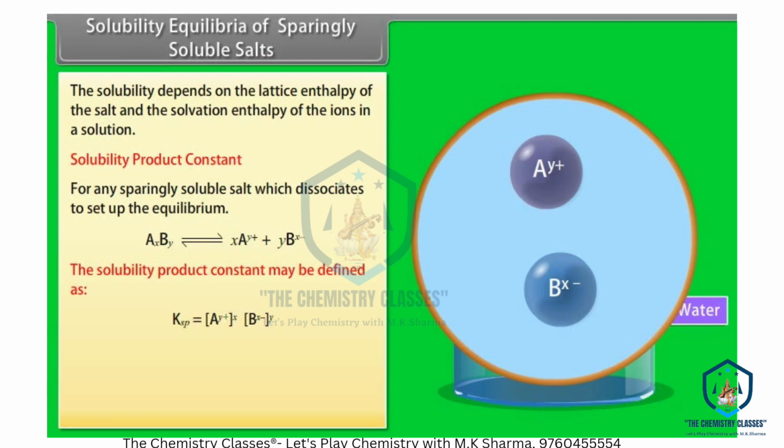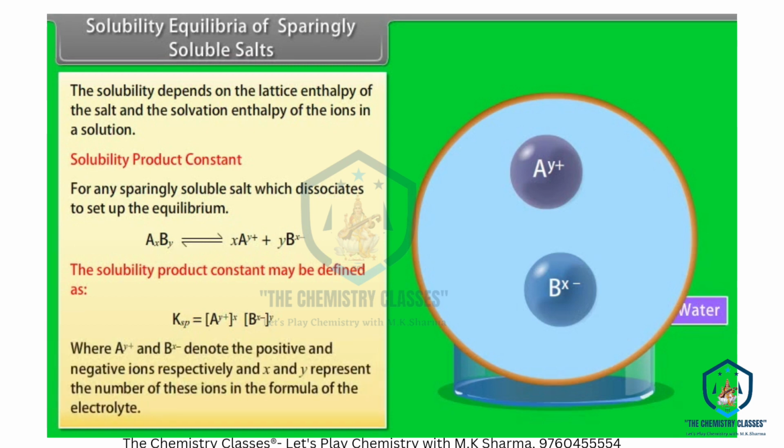raised to the power x, into the concentration of B^(x-) raised to the power y, where A^(y+) and B^(x-) denote the positive and negative ions respectively, and x and y represent the number of these ions in the formula of the electrolyte.